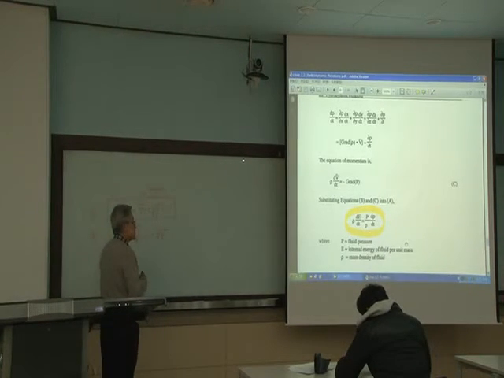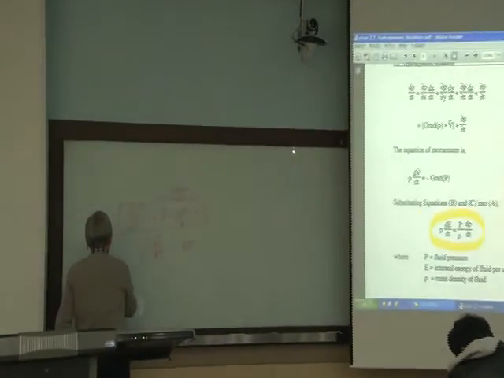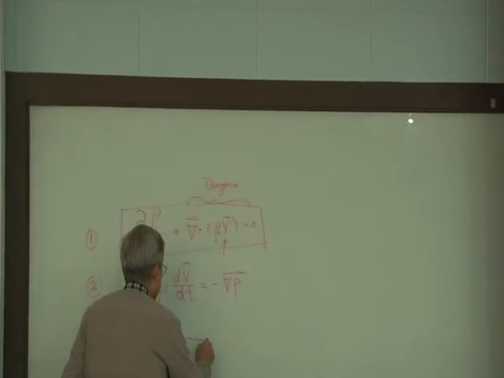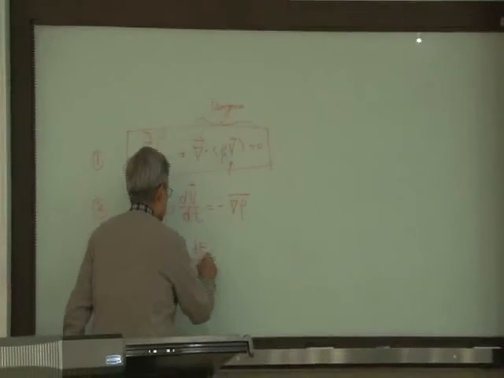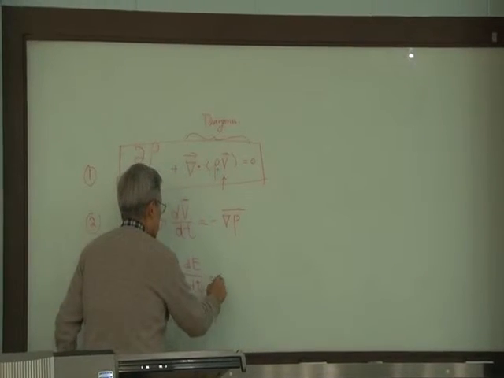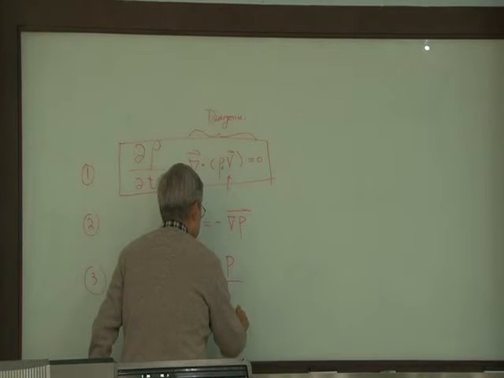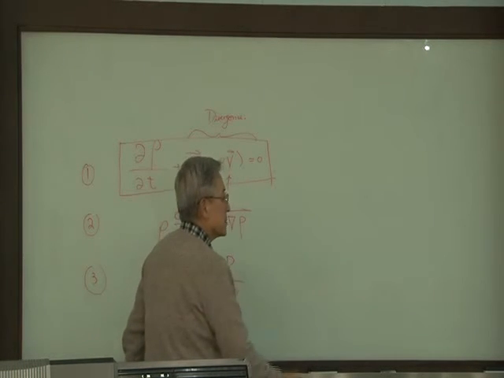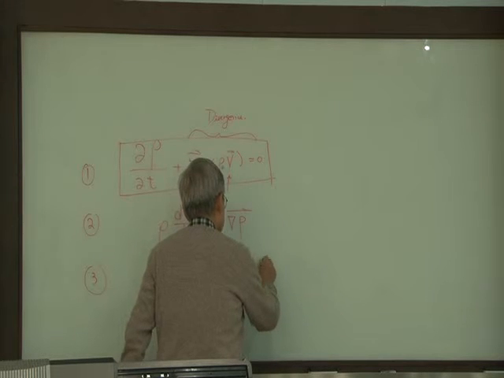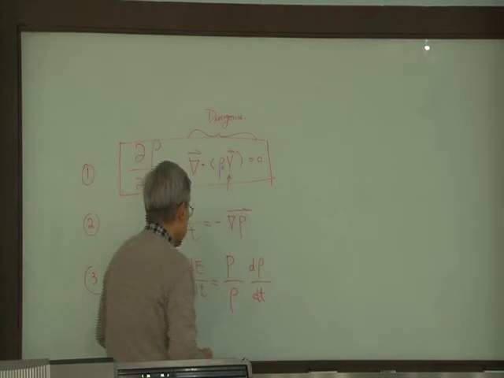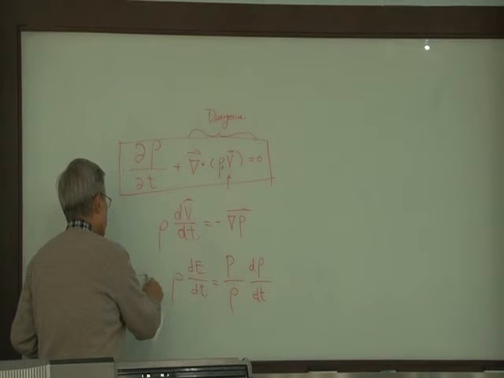This conservation of energy, 3, which is rho dE over dt is p over rho d rho dt. So this is the third equation over here.